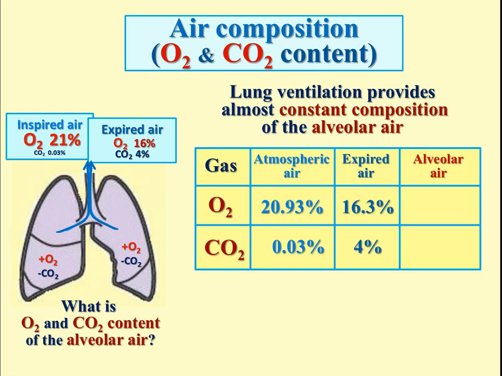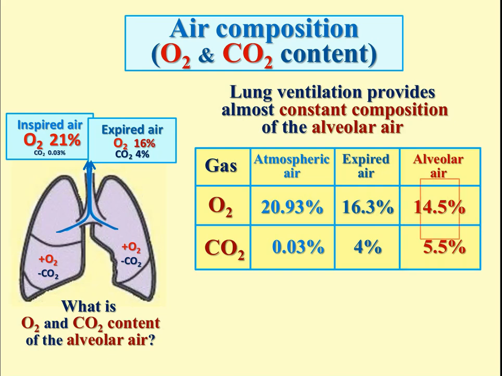And now the most important air for us. This air is exactly area where blood takes oxygen, and so oxygen content. Maybe it's unexpected, but the content of oxygen is minimal between all the types of the air, just about 14.5, between 14 to 15%. And CO2 also, maybe unexpectedly, is even higher than in expired air and makes about 5.5%.